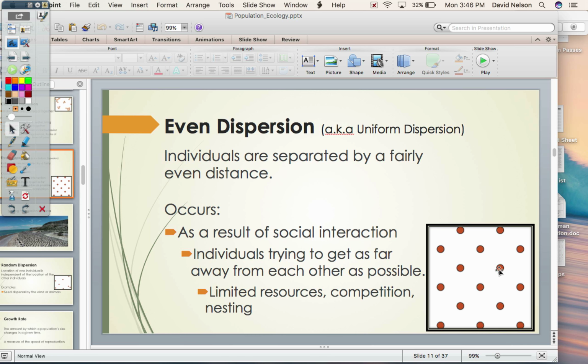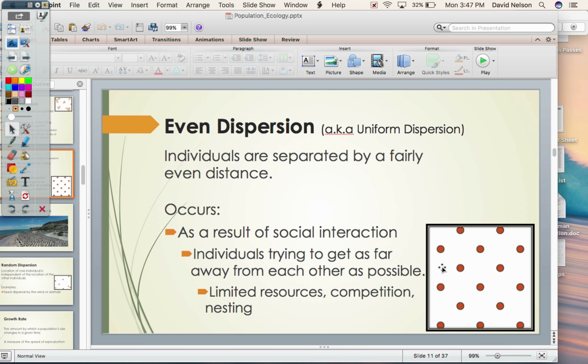So this is ultimately going to result in this even dispersion where they're getting as far away from each other as they possibly can. An exception to this would be when they come together for mating activities, but after that is over, they're going to separate again. This also might be a result of limited resources and competition.